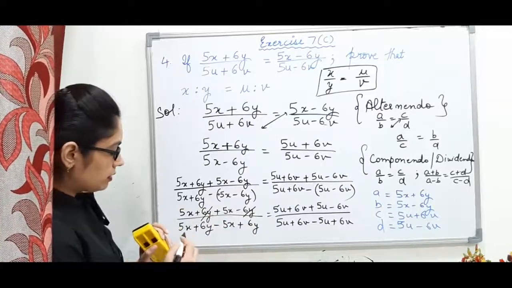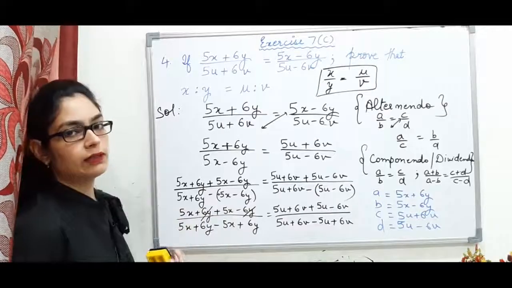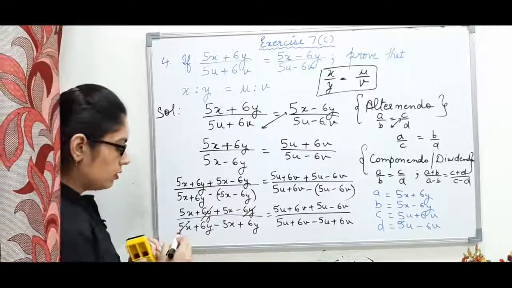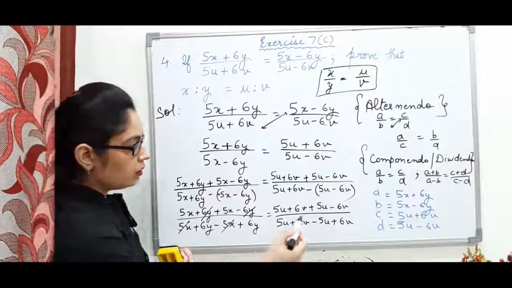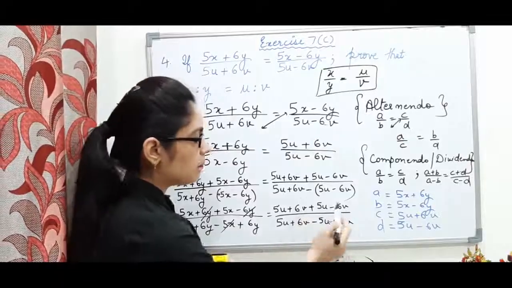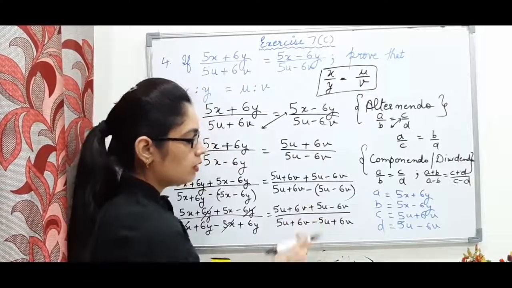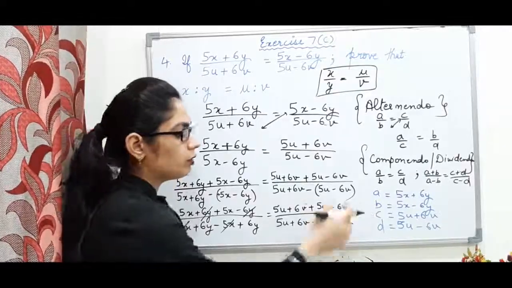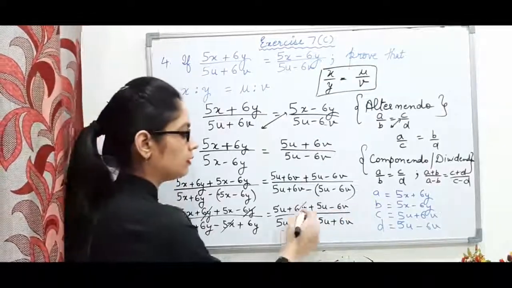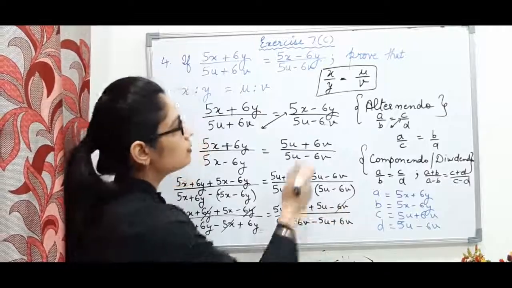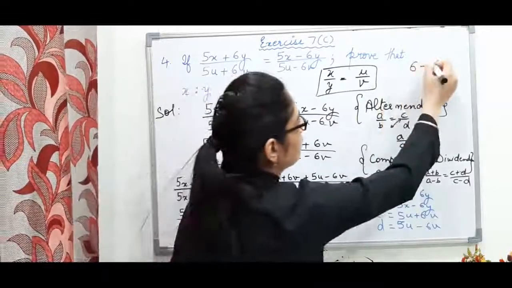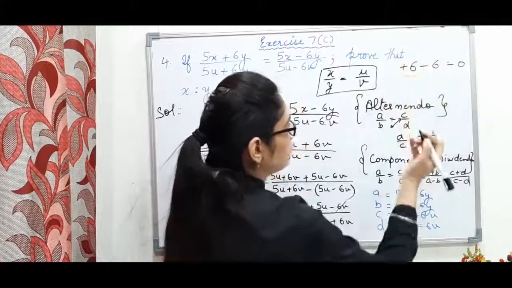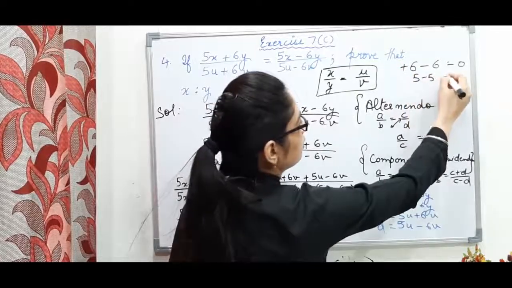In this, 5x minus 5x is 0, so we can cancel. Same way here, 6v minus 6v. See, same number: that way also you can remember, when the numbers are the same with opposite signs, you can cancel them. Why? Because same number minus same number, like 6 minus 6 is 0, 5 minus 5 is 0.